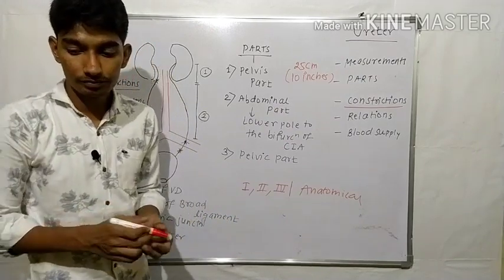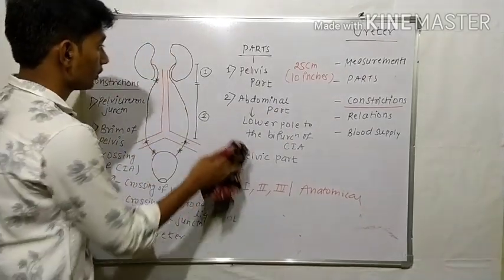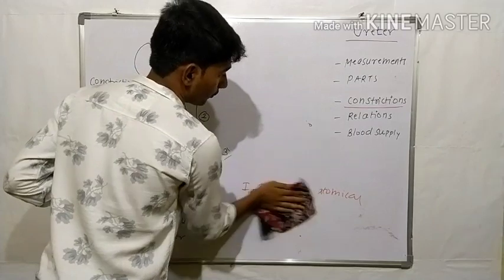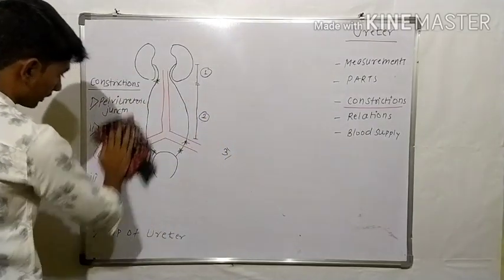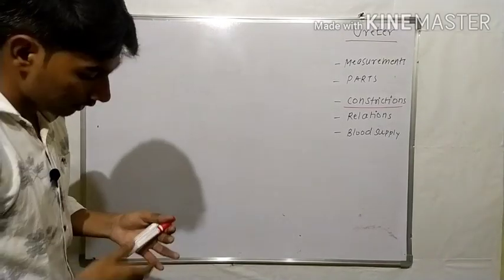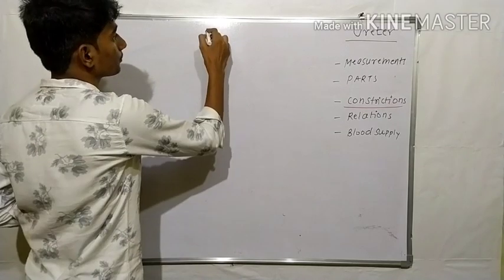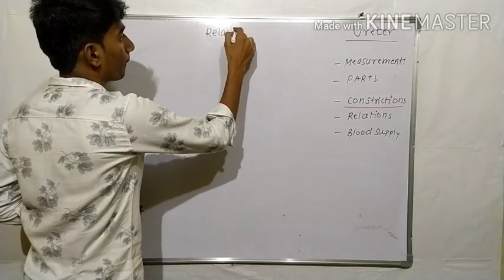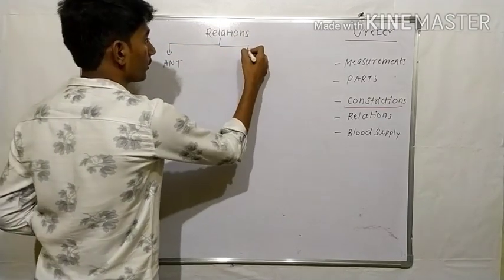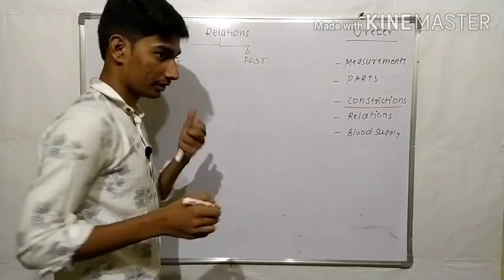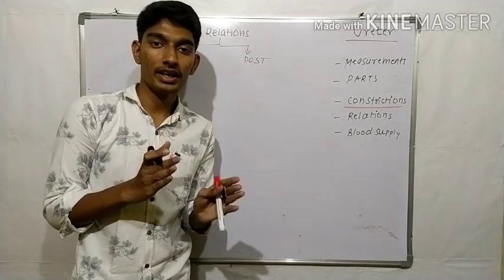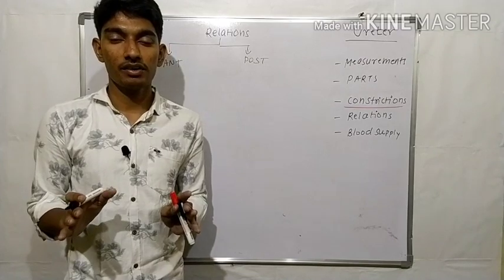Now coming to the relations of ureter, we have anterior and posterior relations. The anterior relations of right and left ureter are different.